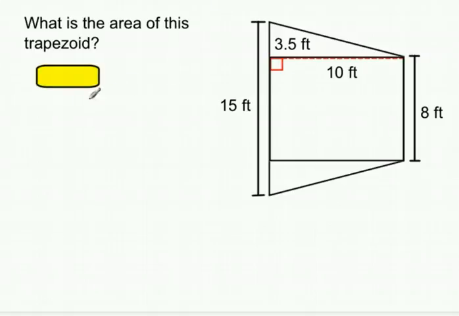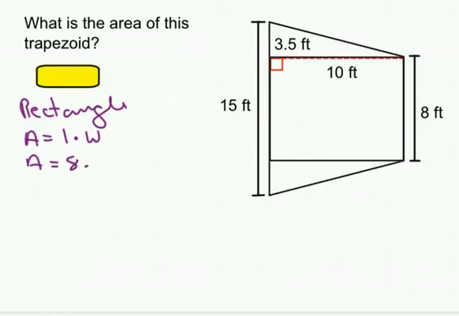Now, in this case, you might want to say, I'm going to do the rectangle in here first. So if we do the rectangle first, what we would do is we would take our dimensions, and the area of a rectangle is, of course, length times width, and the numbers we're using are going to be 8 feet as our length, or you could have used 10 as your length because of the commutative property, and our width is going to be 10, which means the area of our rectangle is 80 square feet.